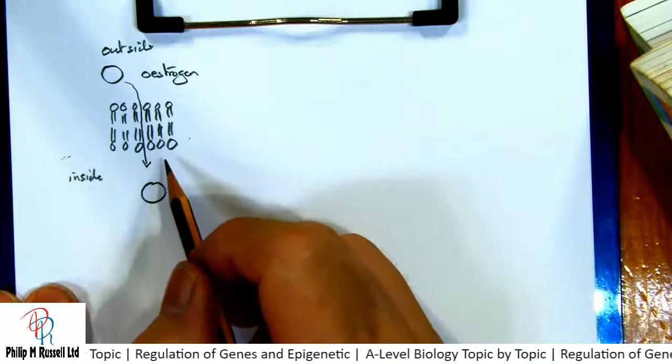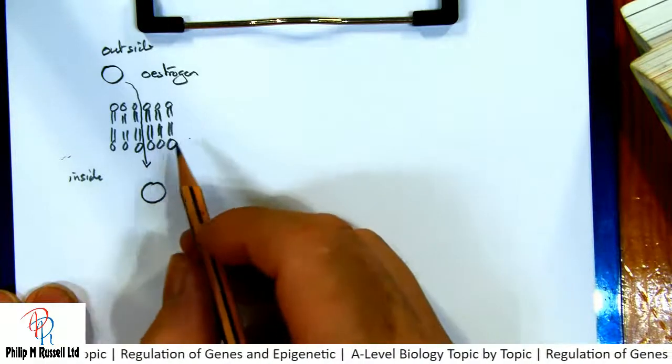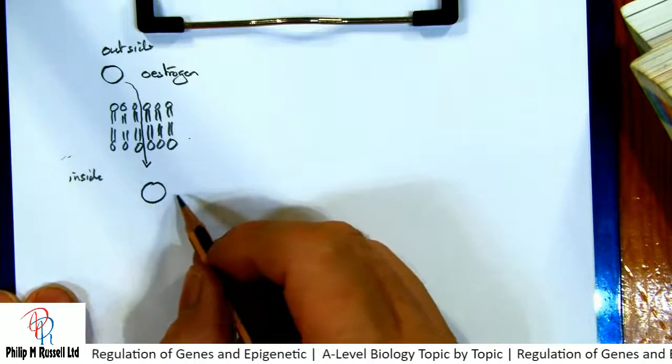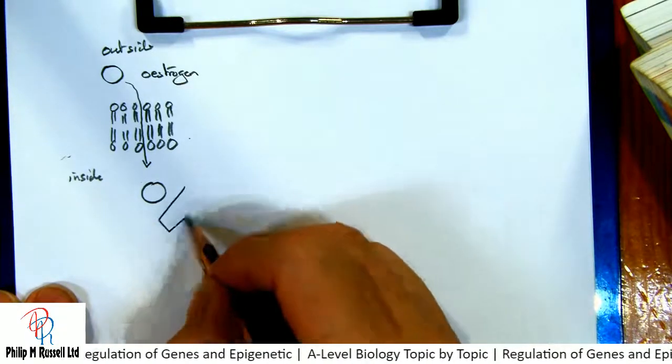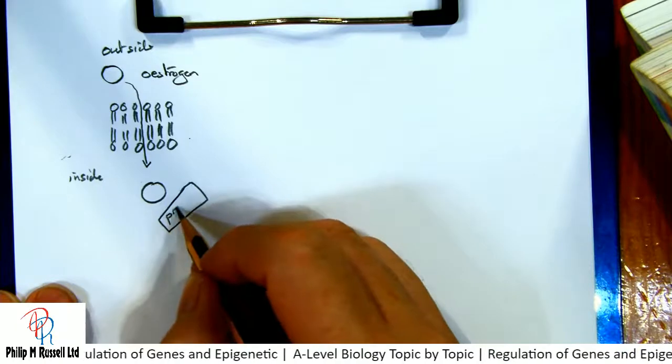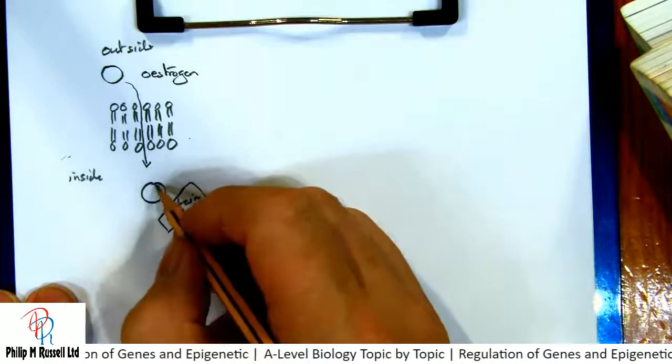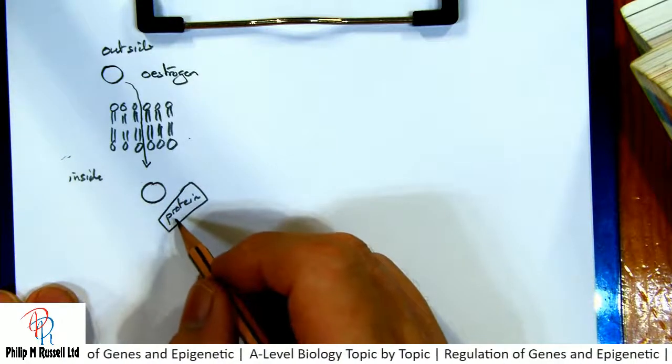Once inside, it can bind to some sort of protein, and what I'm going to do is draw my protein in here, and I think you can remember that's the estrogen.